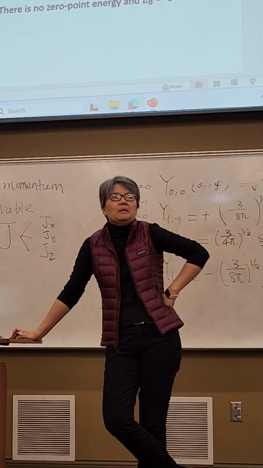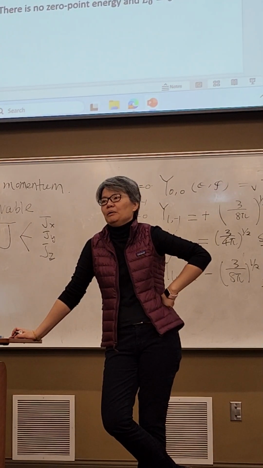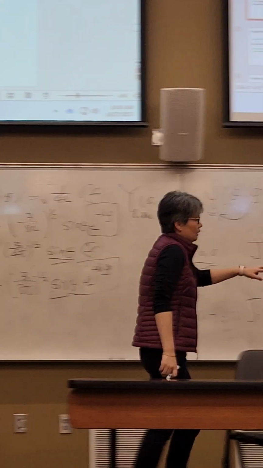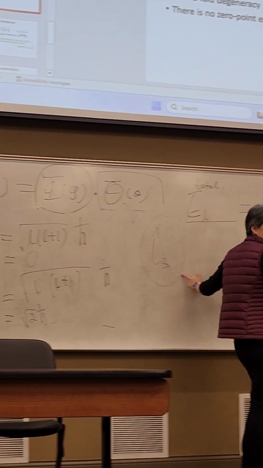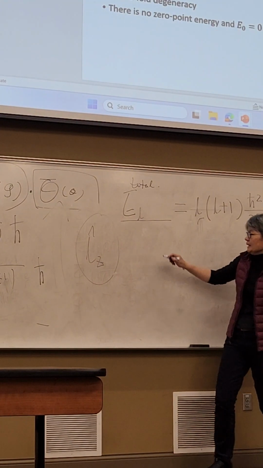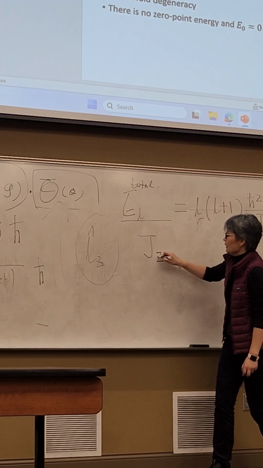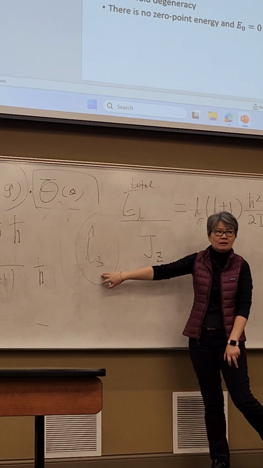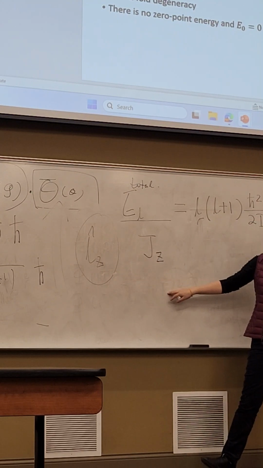But I only want to know the magnitude of the z component. How should I do it? We use the M sub L value. Then we can evaluate the operator as we wish. If I want to know the Jz value, I can come up with an operator to evaluate on that.